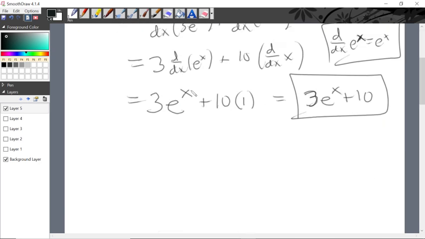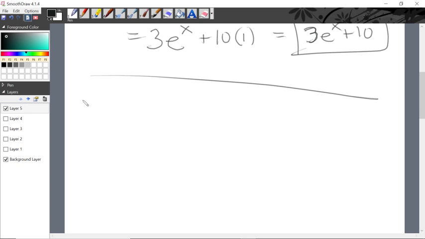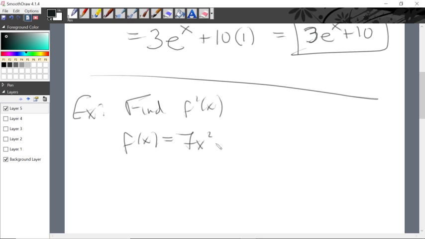Okay, let's try another one. Find f prime of x if f of x equals 7x squared minus x to the negative 1 plus the fifth root of x plus 2/5 e to the x.